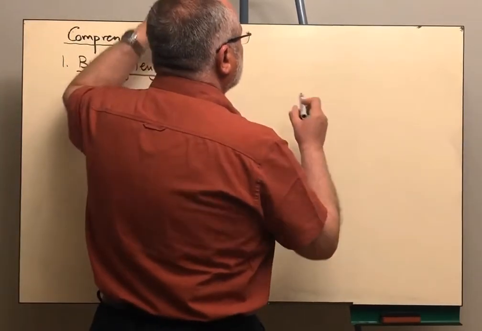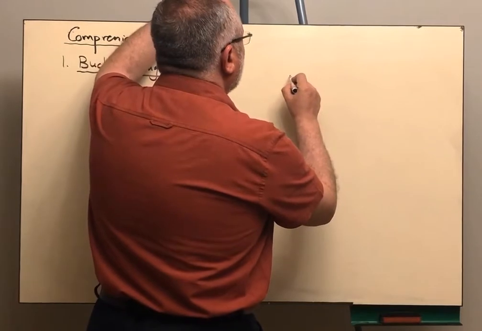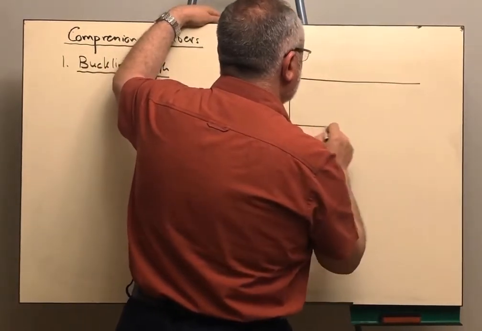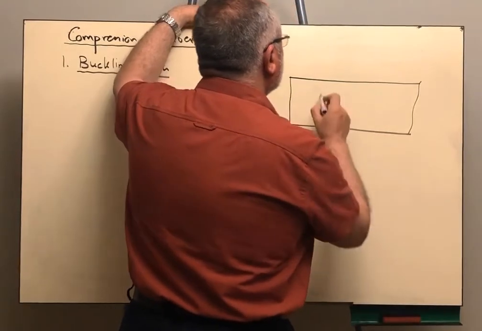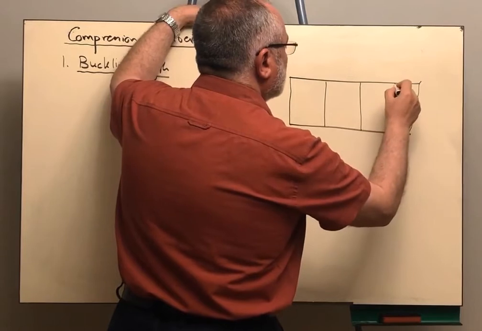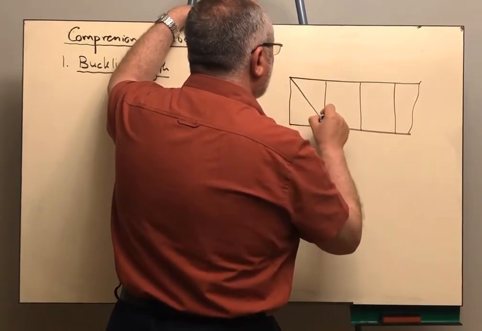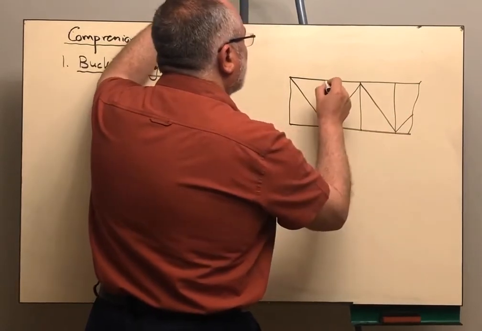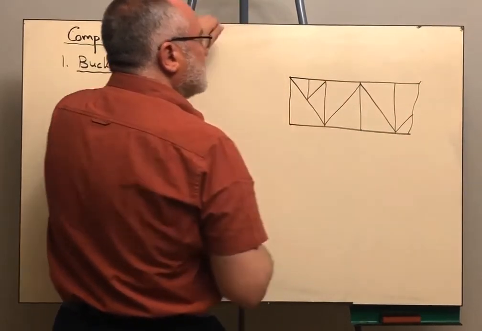For example, we are having a truss like this. This is part of a truss, and here we are having a subdivided system.